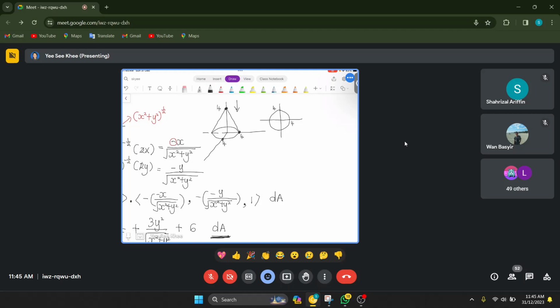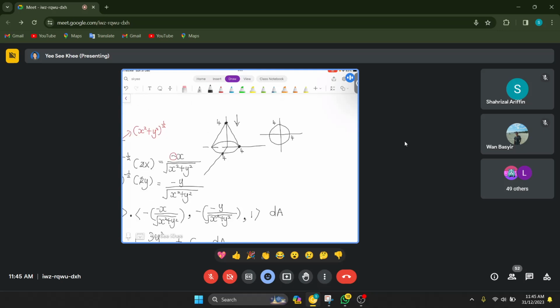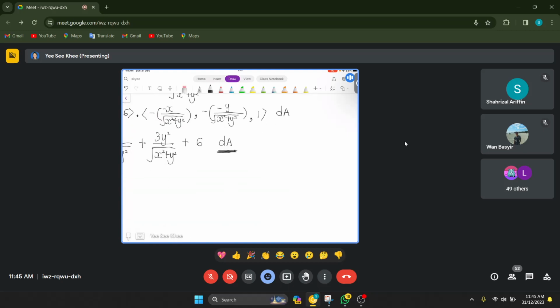In this case, we will use the dA of the cylindrical coordinate system, or polar coordinate system, because the projection shows us a circular structure, so it will be easier for us to consider our dA as r dr d theta.